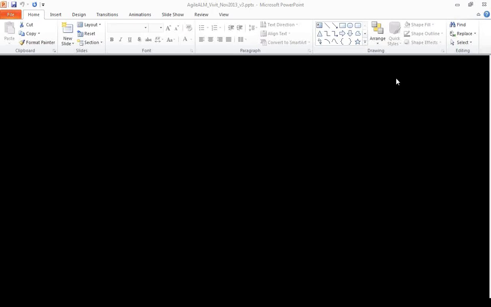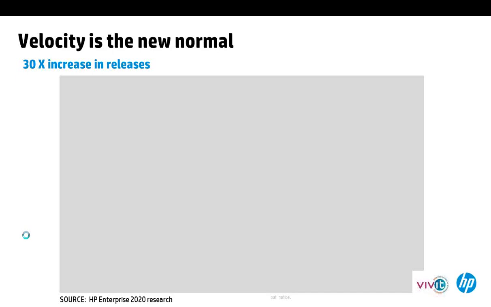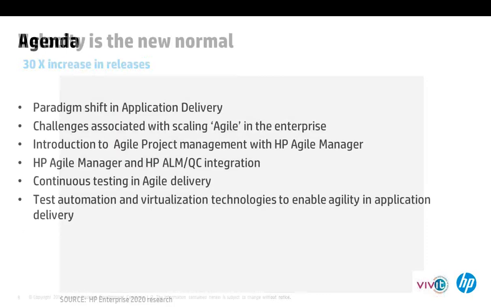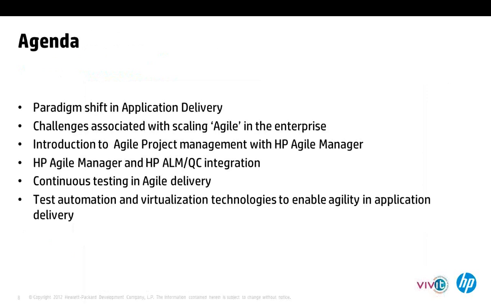Here's a brief agenda of what I'm going to present today. We'll start by talking about the paradigm shift in application delivery. Then we will talk about the challenges associated with scaling Agile in the enterprise, followed by an introduction to some of the tools that we have brought to the market, especially Agile Manager for project management.